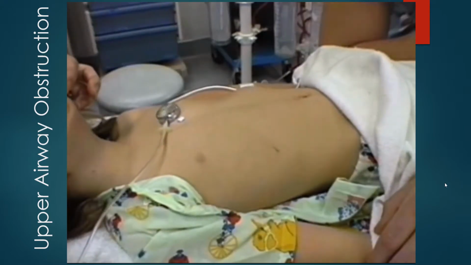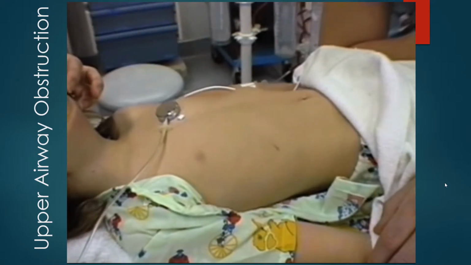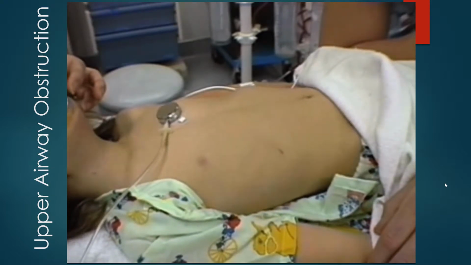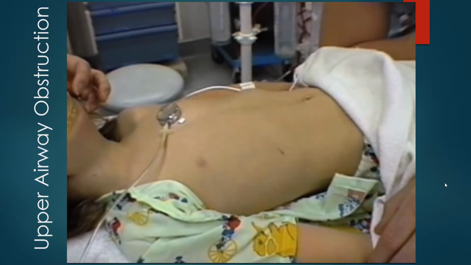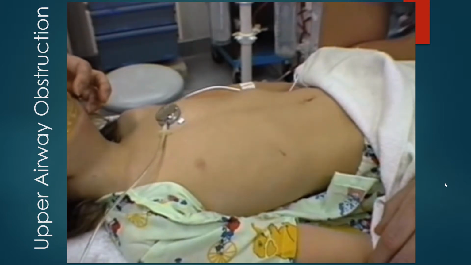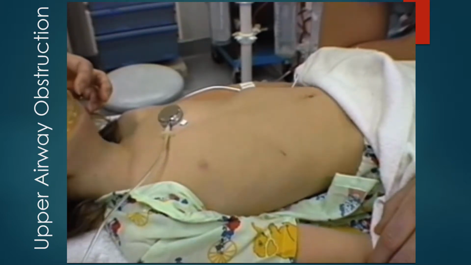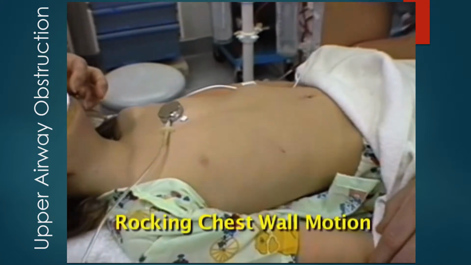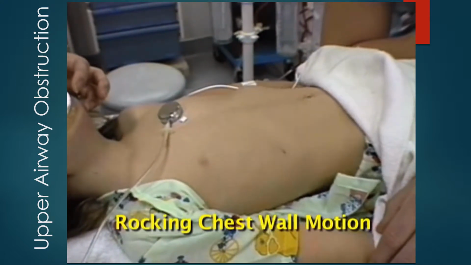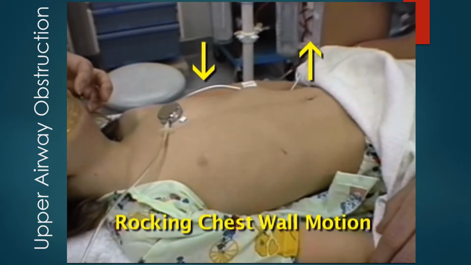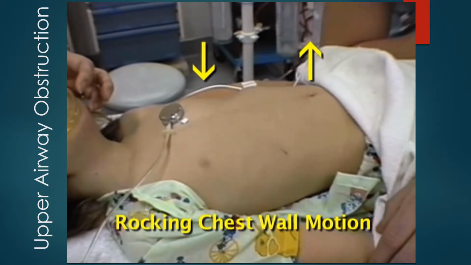When the diaphragm descends maximally, it pushes the abdominal contents downward and outward, further decreasing intrathoracic pressure. If the airway is obstructed, no air can enter the chest, and this negative pressure pulls the chest wall inward. A rocking chest motion occurs, with the chest falling and the abdomen rising. This is the opposite of normal inspiratory motion.